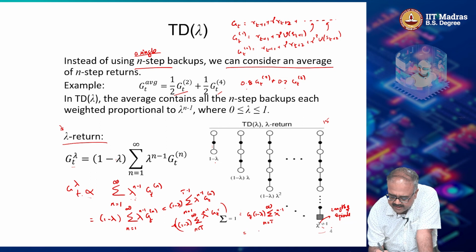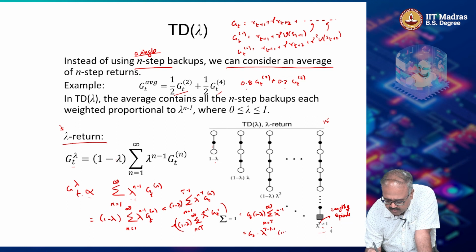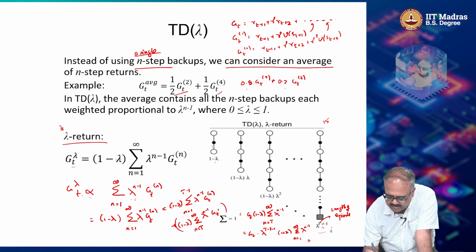And this I can simplify as GT into lambda power t minus 1 into 1 minus lambda into summation, and because this summation is equal to 1 by 1 minus lambda, this and this will get cancelled.